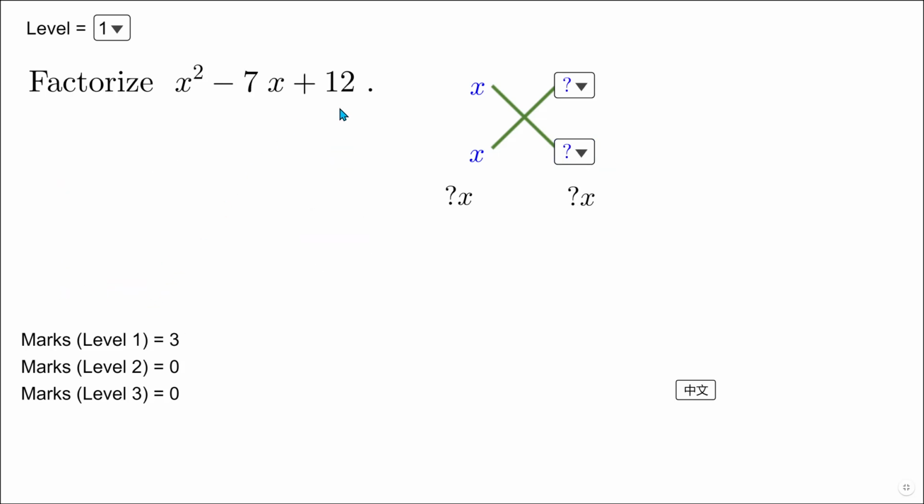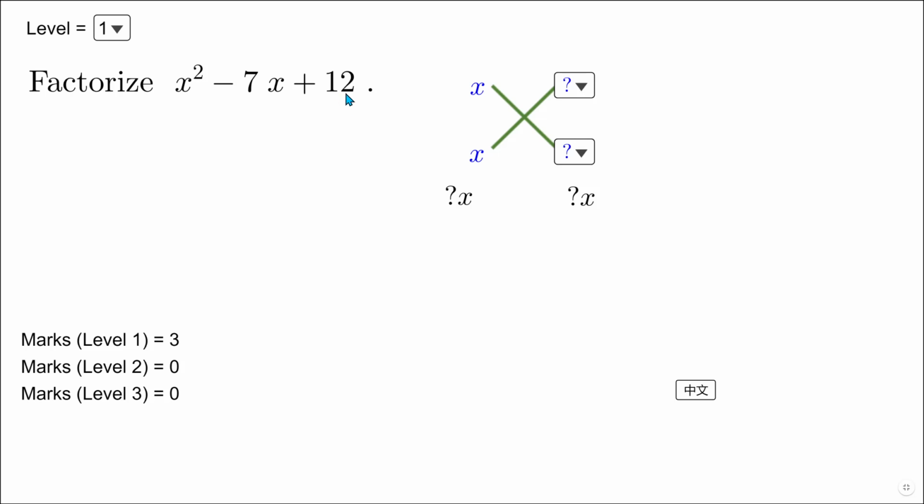Okay. Now the plus here tells you these are same sign. Whatever signs we're going to use, they're both going to be the same. They're both going to be negative, because if they were both positive, this would be positive. So they're both negative. Two numbers multiply to 12, add to 7.